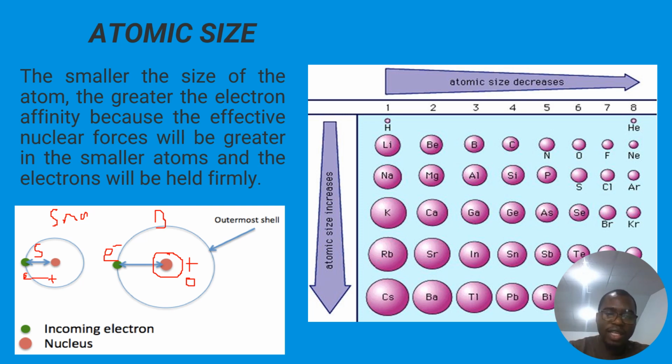So all we are saying is the electrostatic force of attraction here will be a little bit weaker. Here, it will be stronger because these are closer. The electron and the nucleus are closer, but here the electron and the nucleus are a little bit further away. So the electrostatic force of attraction is going to be a bit weaker here. That is what we are saying.